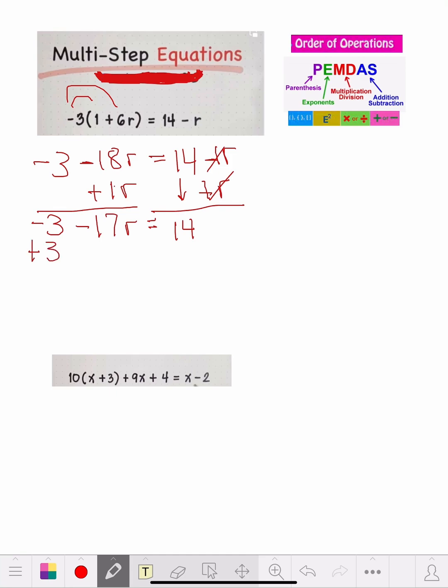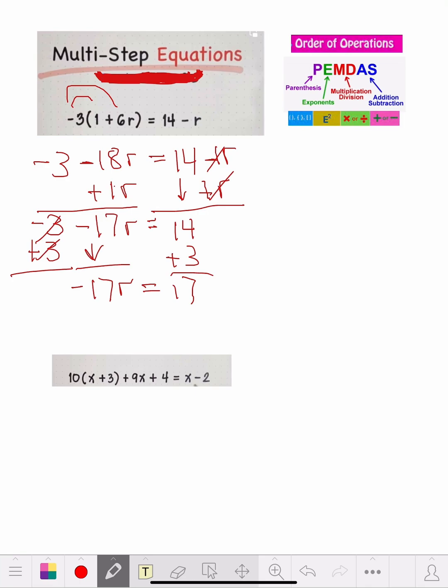What you do to one side, you do to the other side. These two cross each other out. This all comes down, the -17r, and this comes down to 17. So we got -17r = 17.